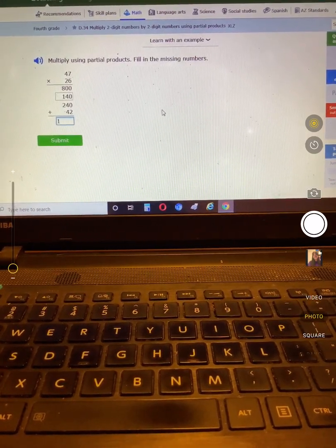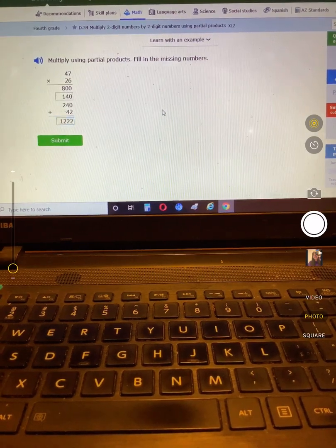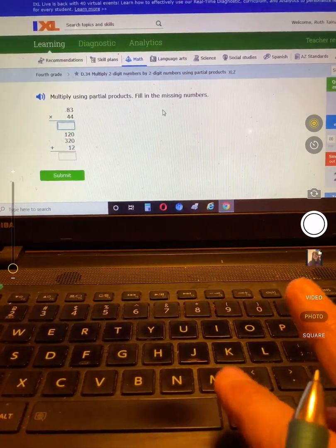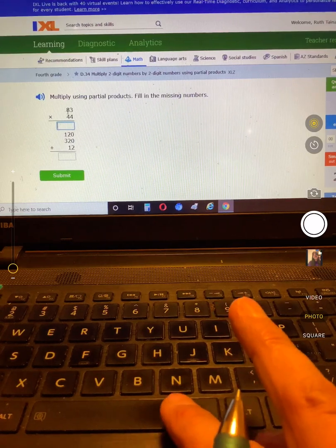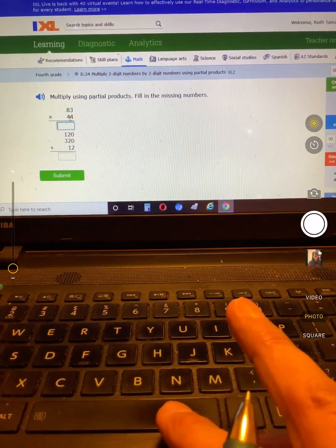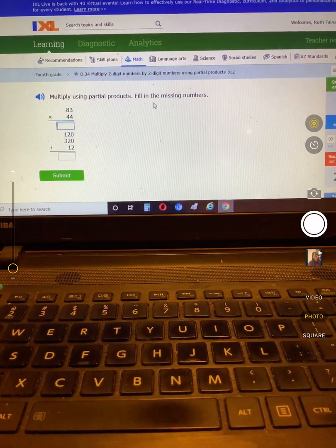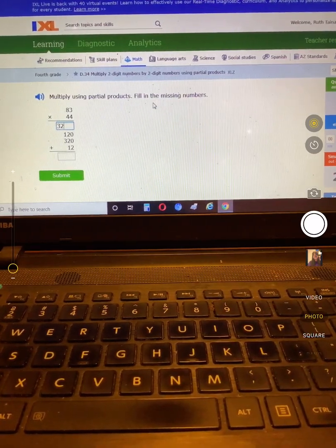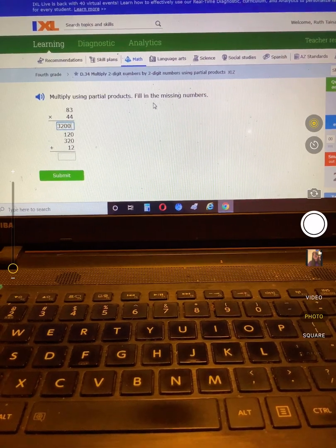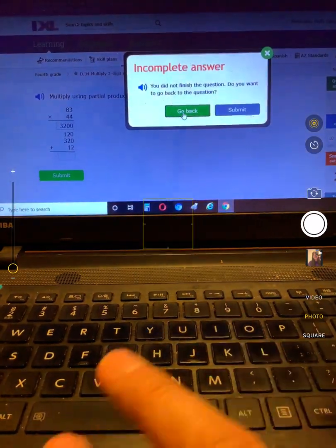So I get 1,222. Hopefully I added correctly. Yes. Okay, so remember, these are the first two numbers we're multiplying. 80 times 40, so do the 8 times 4, you get 32, and then you have to put 2 zeros behind it.